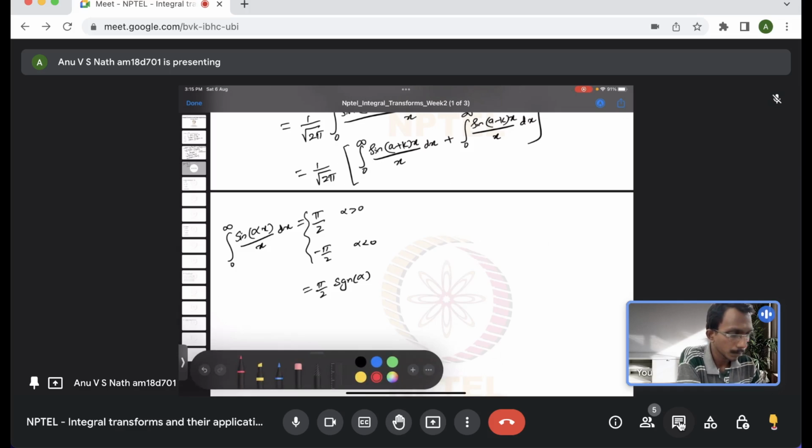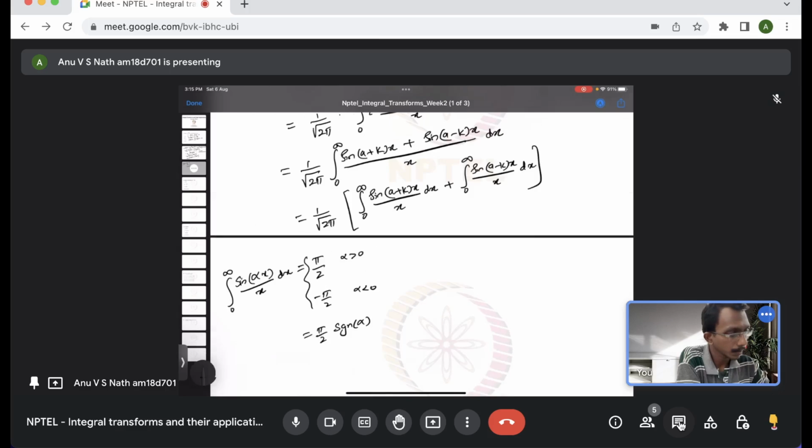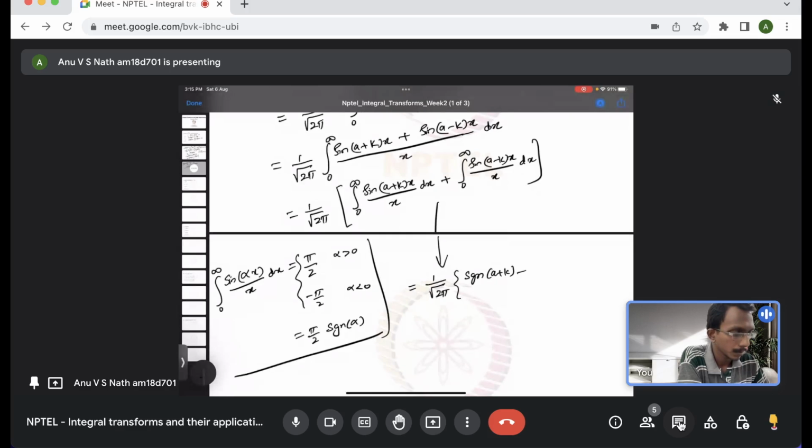So if we use that here, after this particular integral, it's actually 1 by square root of 2 pi into sign of (a plus k). Note that a and k both are real numbers, plus sign of (a minus k).